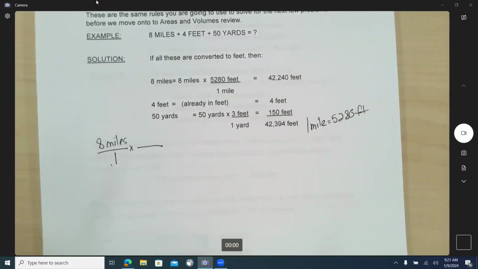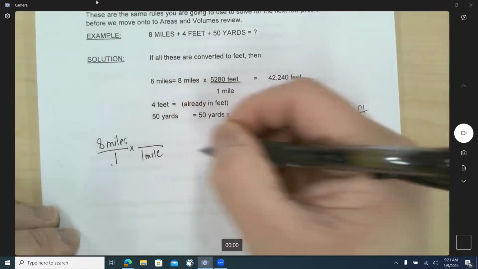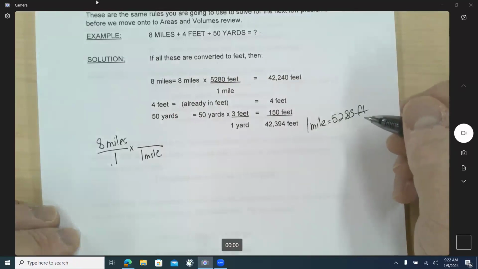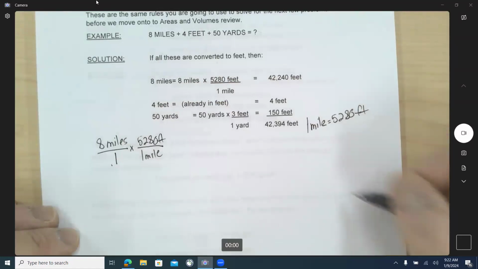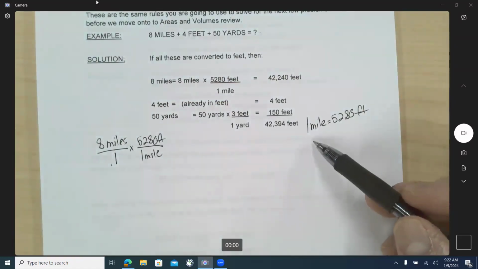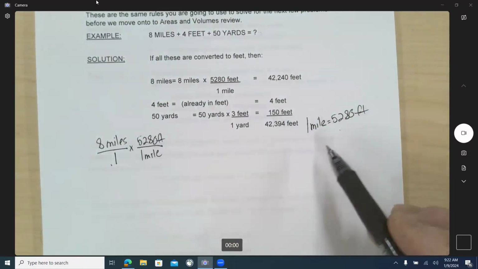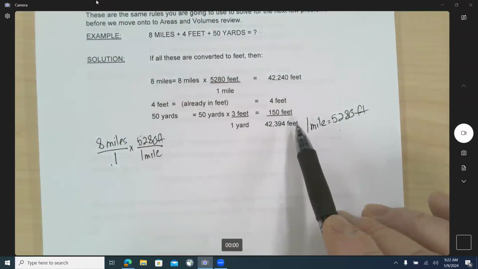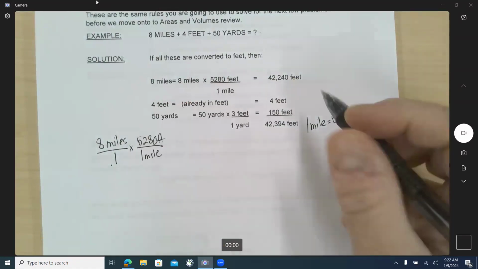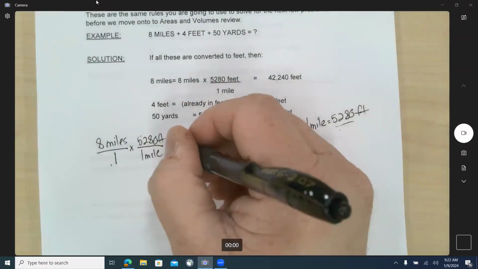If miles are on the top, they have to be on the bottom to cancel. 1 mile equals what? 5,280 feet. What I do a lot is write down my conversion factors, but I will not keep writing all the fractions they can be, because I go miles here, miles on the bottom. So I go 1 mile. Well, 1 mile equals what? 5,280. So that goes up top.